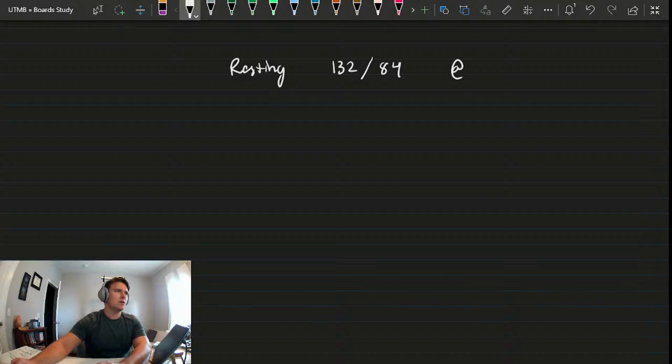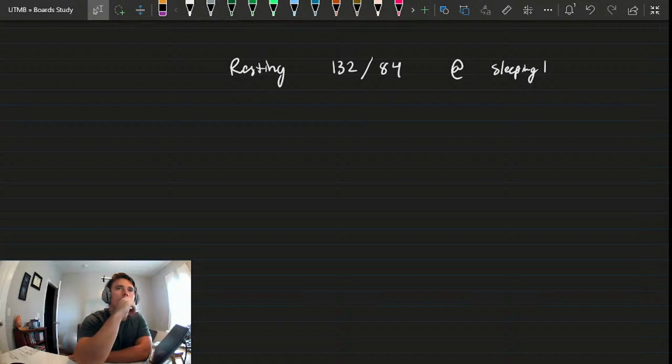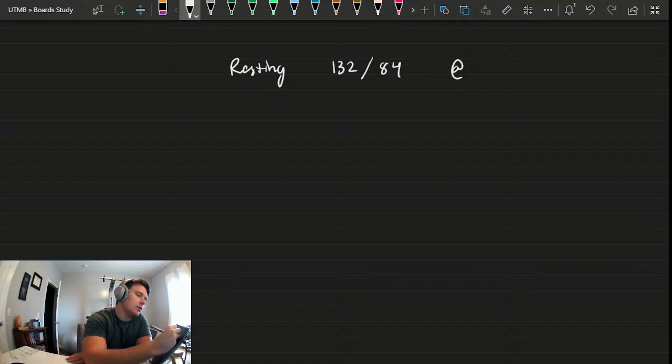Sleeping is 1. Just sitting there watching TV, sitting is 1. And a 2 is walking on a treadmill, level ground, very slow.